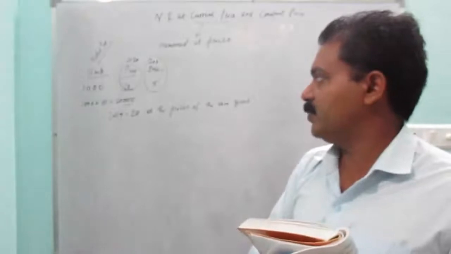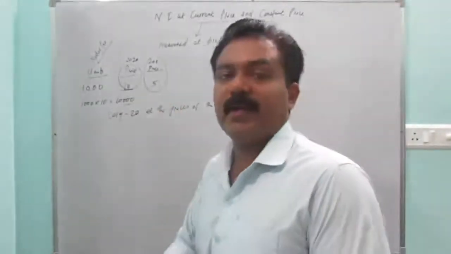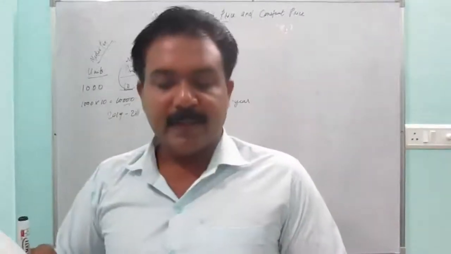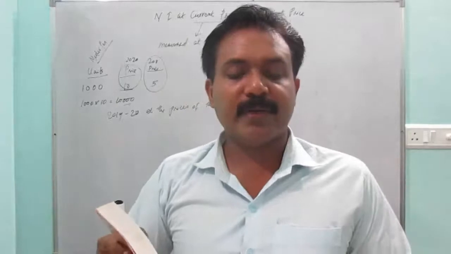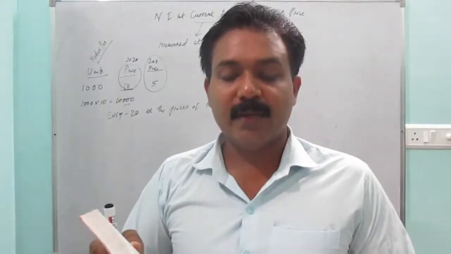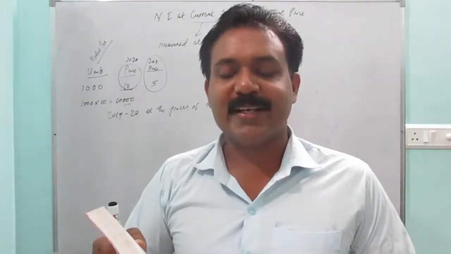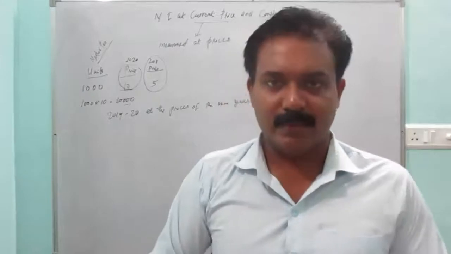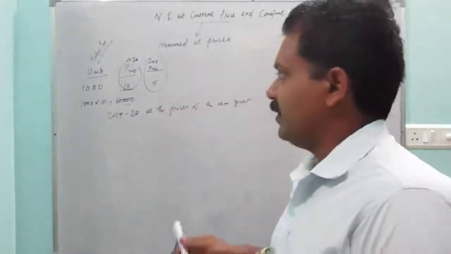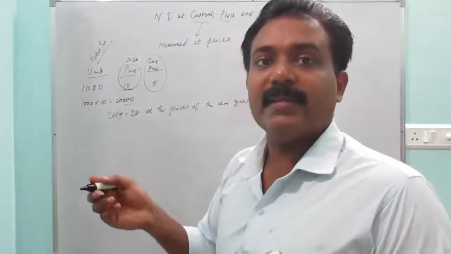Then it does not show the true picture of economic growth of a country, as any increase in nominal national income may be due to a rise in price level without any change in physical output. Understood? So this may not show the right increase in national income.